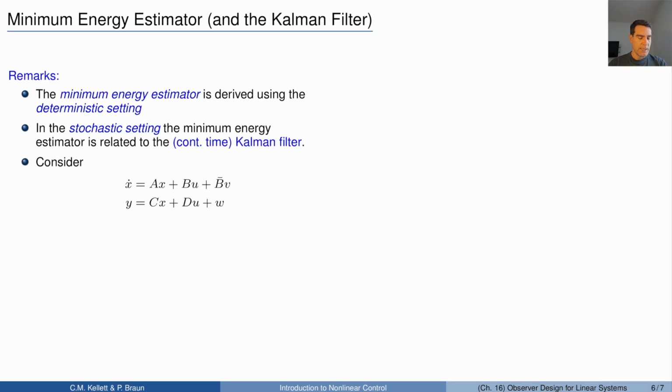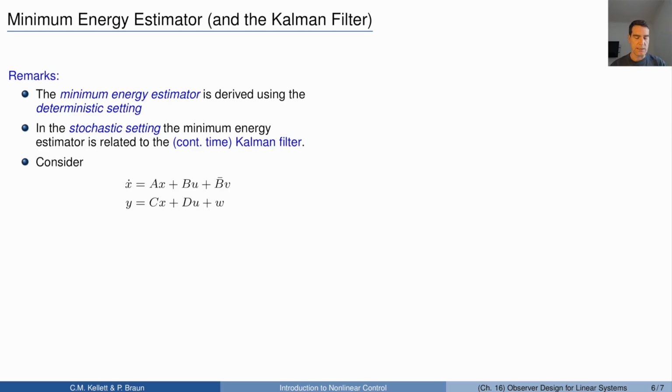The minimum energy estimator is one way to derive a dual result to the linear quadratic regulator, so a dual result between controller design and observer design.